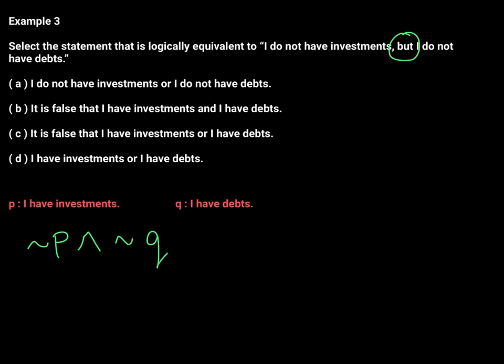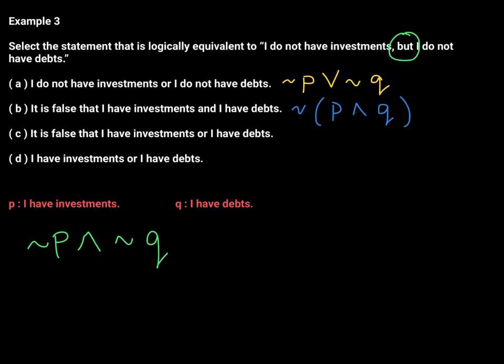I do not have investments, that is not P, or I do not have debts. So that's or, not Q. The next one is, it is false that I have investments and I have debts.